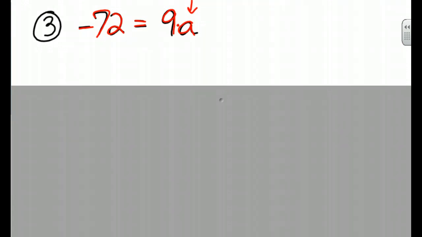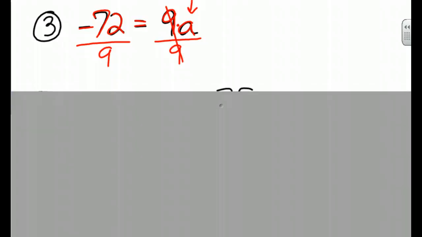Since this is multiplication, we want to divide both sides by that 9, making this our 1. So what would our answer be? Well, what's negative 72 divided by 9? Remember, a negative divided by a positive is going to give us a negative answer. We know it's negative 8, so negative 8 equals a.